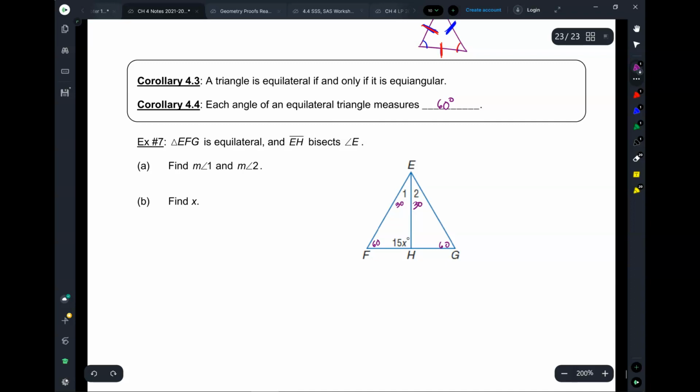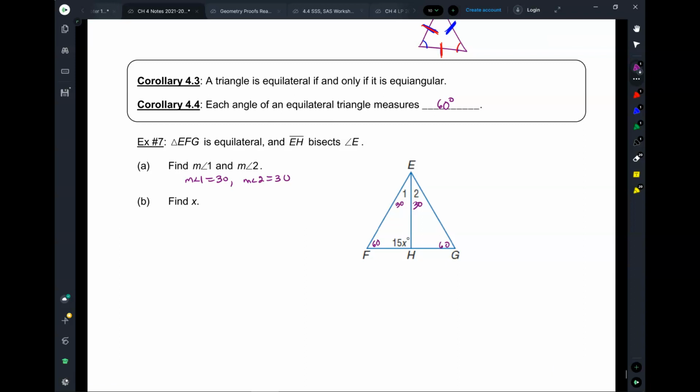So I know that without even reading what is asked. Find the measure of angle 1 and angle 2. Measure of angle 1 equals 30. Measure of angle 2 equals 30 as well.